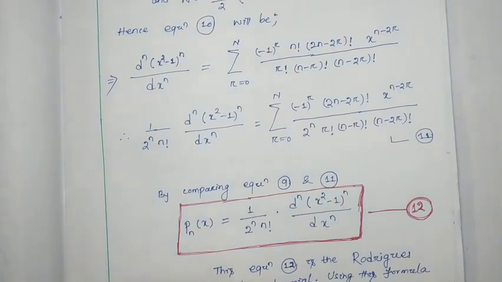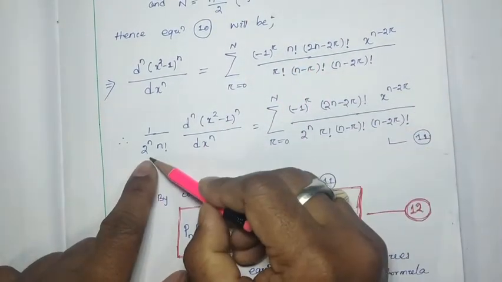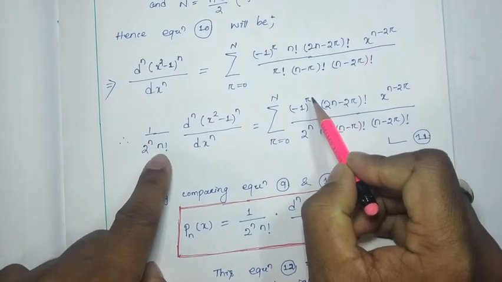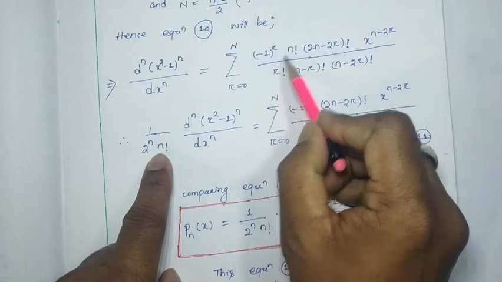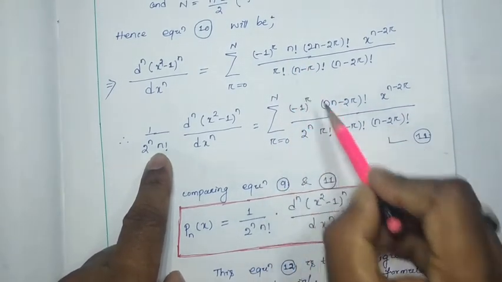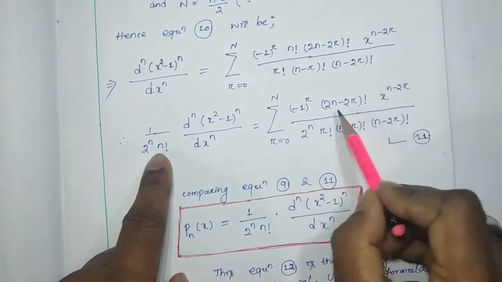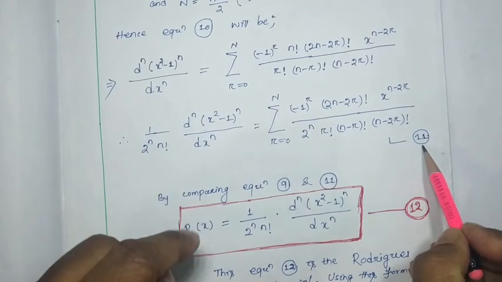So here the n factorial in the denominator will also be there, and it gets cancelled. Only 2 to the power n, r factorial, n minus r factorial, n minus 2r factorial, (2n minus 2r) factorial into x to the power n minus 2r. Let it be equation number 11.